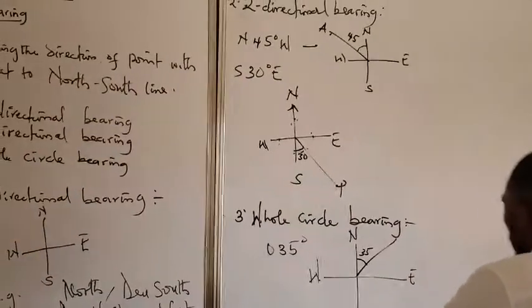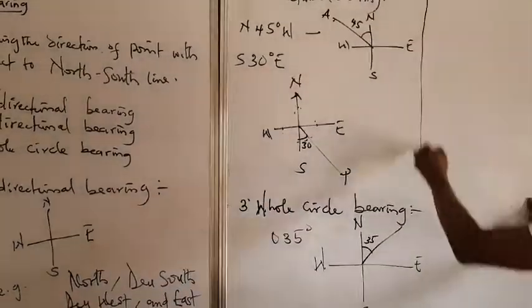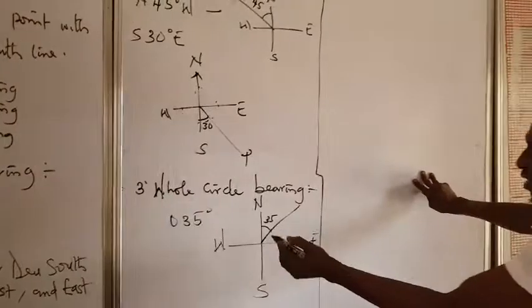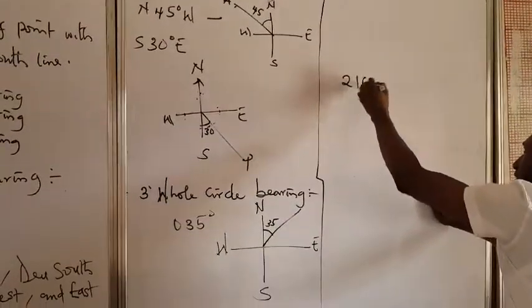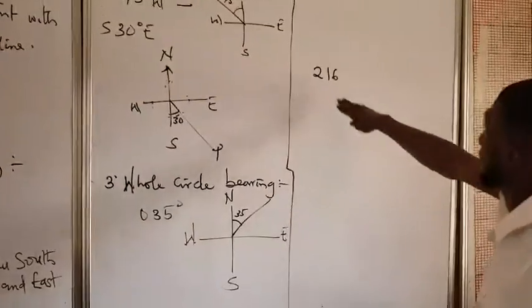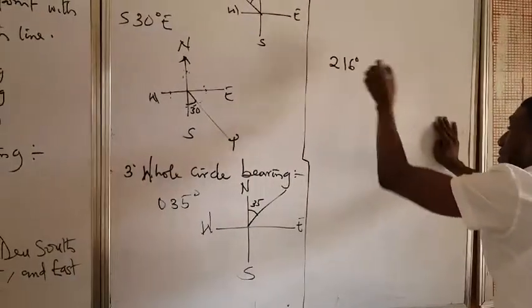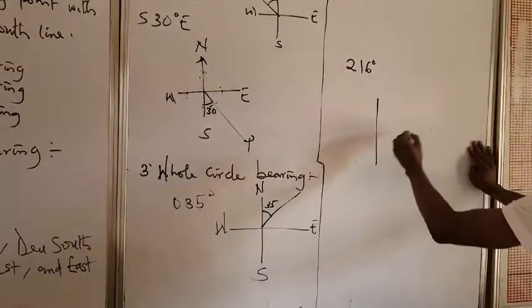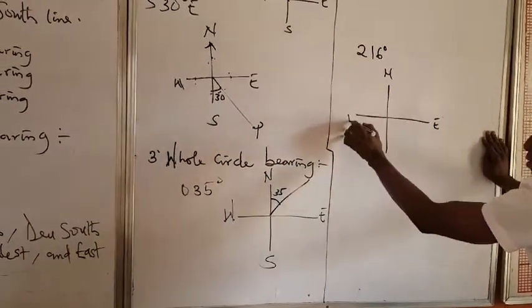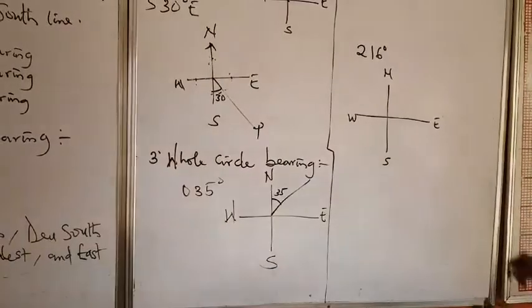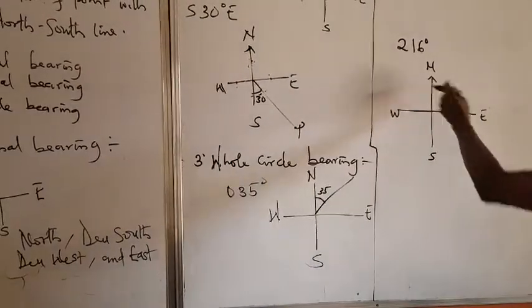Now, if you are given another one, like maybe the direction of the man is 216 degrees. Therefore, you draw your normal 4 cardinal points. Then we have the north, east, west, south, like this. Then you still start from this north pole.